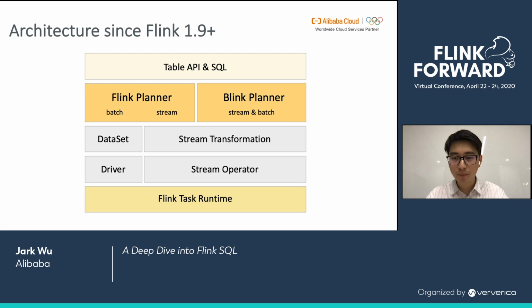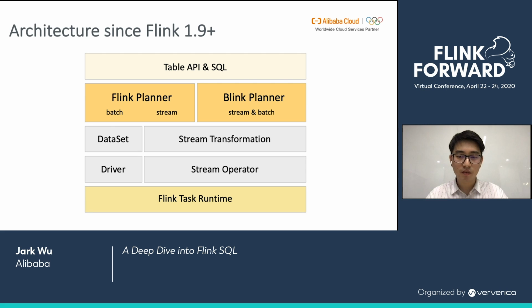We introduced a pluggable planner architecture. We can keep all the old logic in the old planner, and we can try everything new in another new planner. We call it the Flink planner because it is contributed by the Apache Flink project. Users can easily choose the planner to use with a single line of configuration.